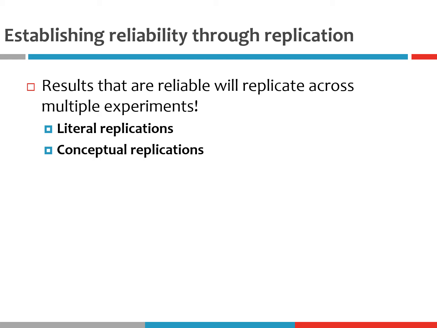So for example, if I was doing a literal replication of the Milgram obedience study, right? I would have to use the same word pair lists that Milgram used. I would have to find the same shock machine, and my confederates who are pretending to be participants would have to read from the same script, for example, right?